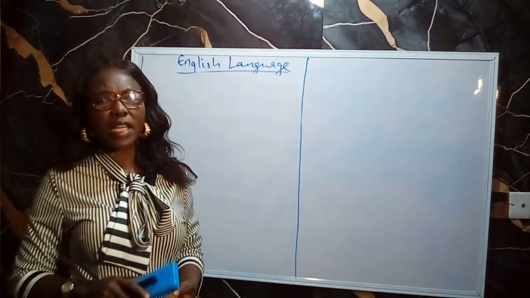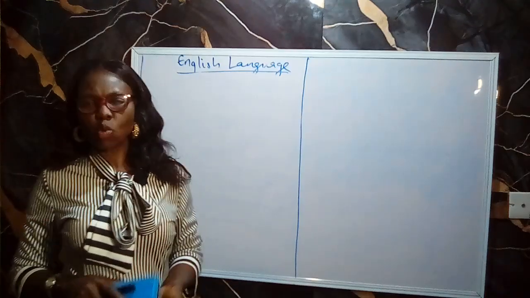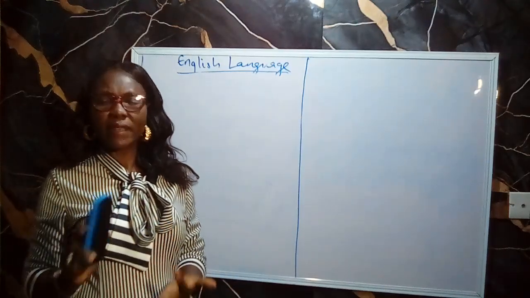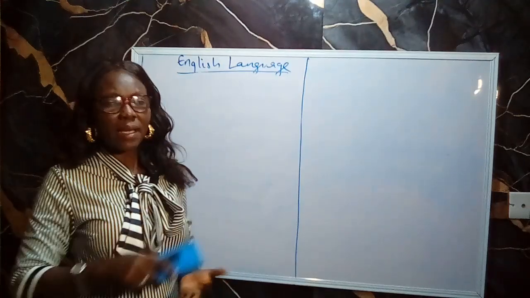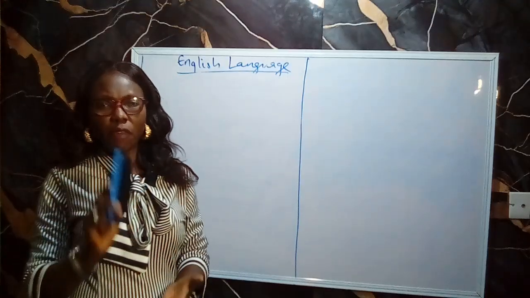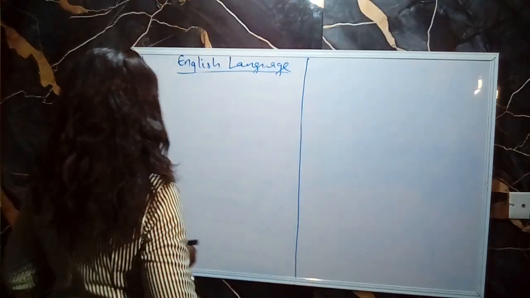So today we'll be looking at monophthongs, and I will list the 12 monophthongs we have because there are 12 in number, while diphthongs are just 8 in number. So I will list the monophthongs and then we pick one, maybe the first vowel sound, to talk about.